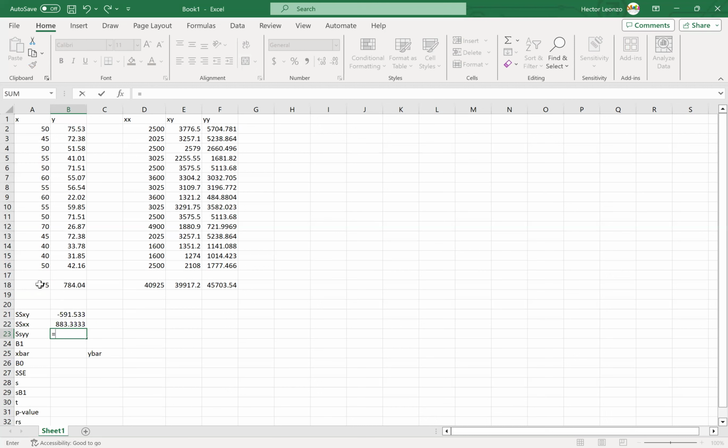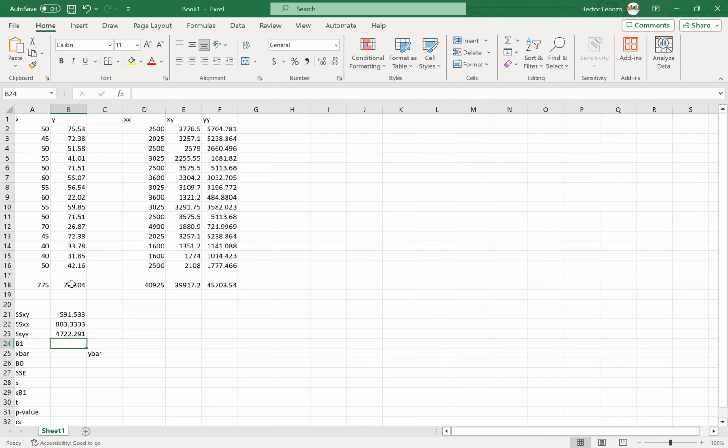Sum of the squares of y is sigma of y squared minus sigma of y times sigma of y, divided by 15, right? Divided by n.